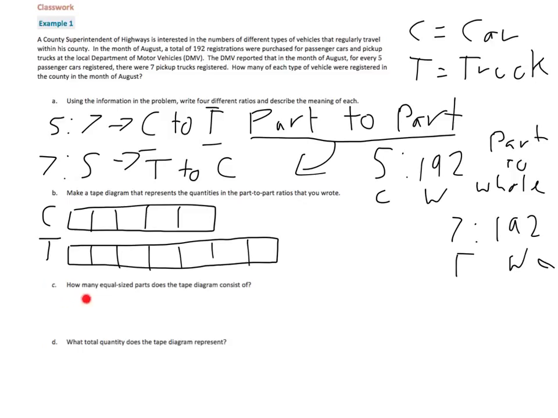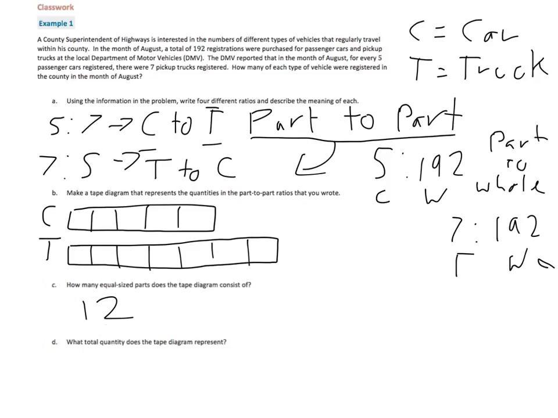So there's our tape diagram showing the cars to the trucks. Next it asks how many equal sized parts of the tape does the tape diagram consist of? Well, there's 5 for the cars, 7 for the trucks. Altogether, that's 12 total parts. So that's going to be for our whole. The 12 sections represent our whole. 5 of those sections are cars and 7 of those sections are trucks.